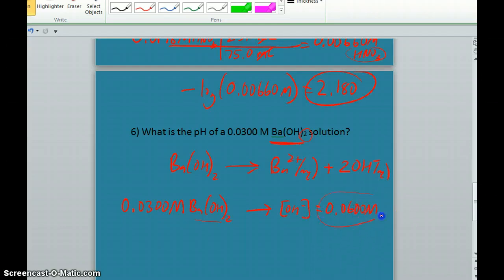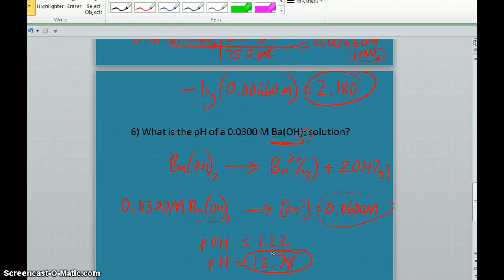And so this is the value I'd want to use to calculate my pOH. And that value is 1.22 for a pOH, meaning the pH of this strongly basic solution is, as expected, very high, 12.78, and that's the answer to the problem.